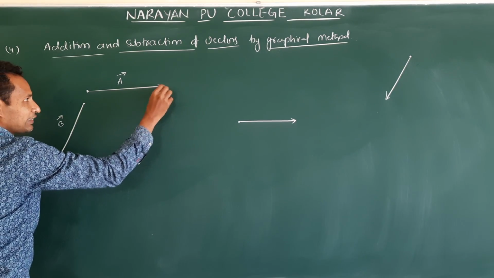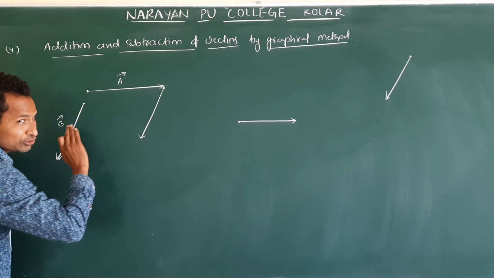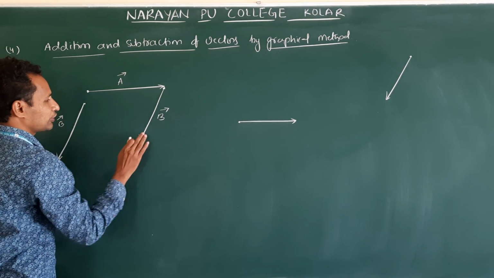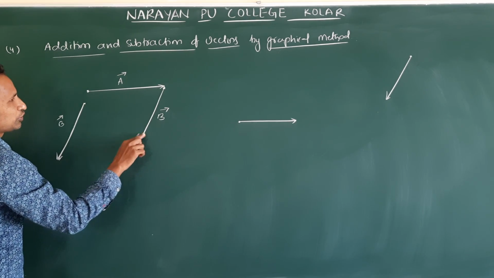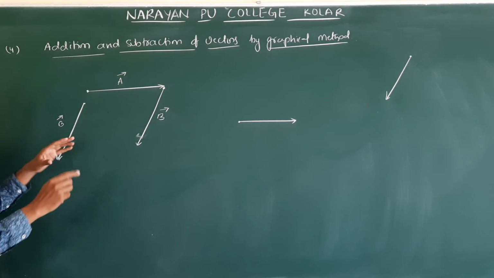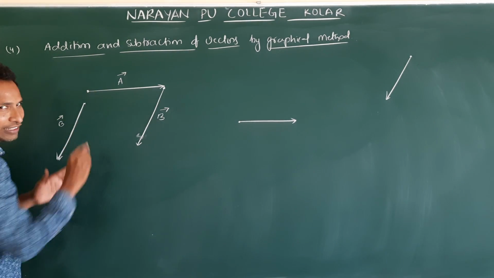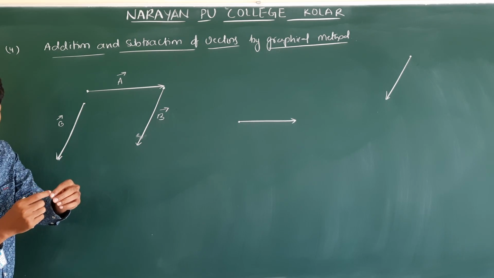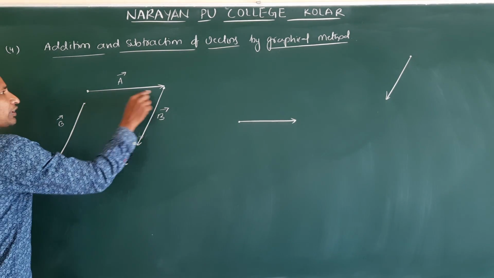So by doing this, we shift the vectors. By shifting the vector, there is no change in magnitude and direction. You may find some variation in the length while drawing these vectors. Don't take it seriously, increasing or decreasing length. Okay.